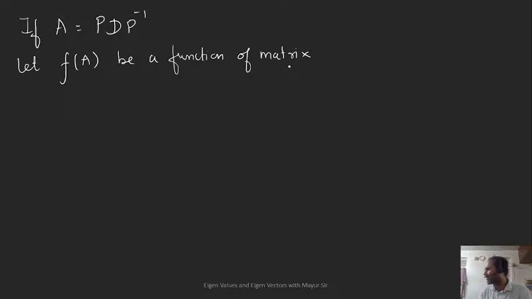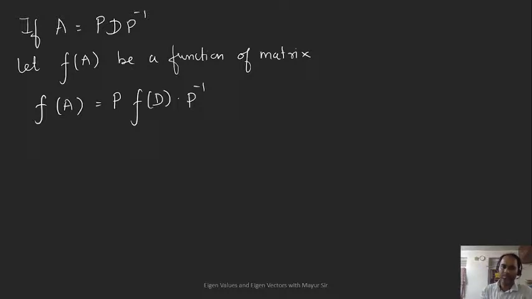It could be a polynomial, it could be anything. So what you do here is, f of A is equal to, again, P f of D P inverse. Okay, this is the general way of talking about a function over here.